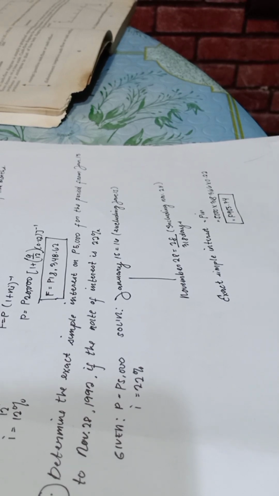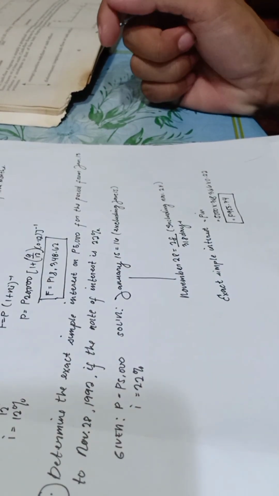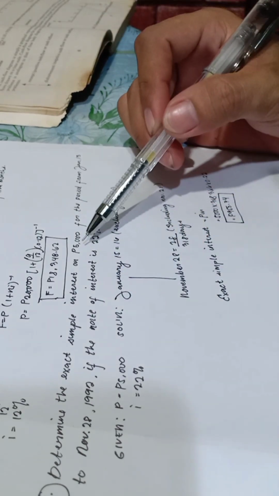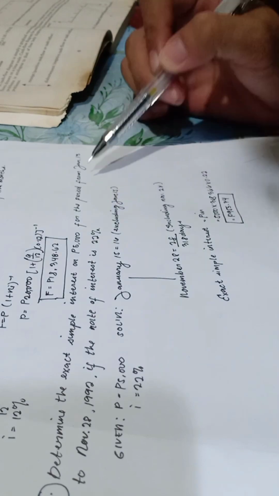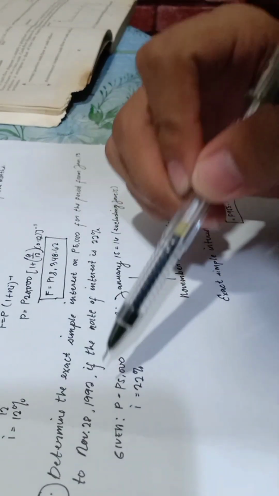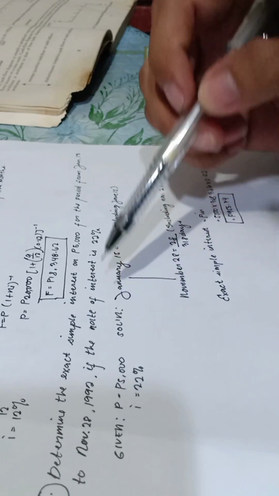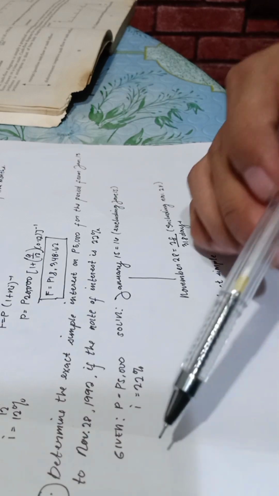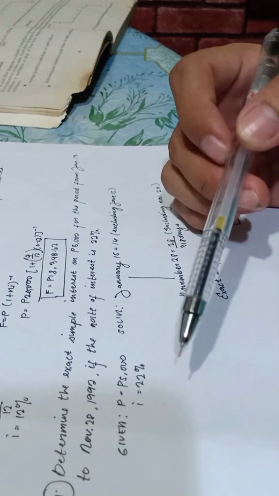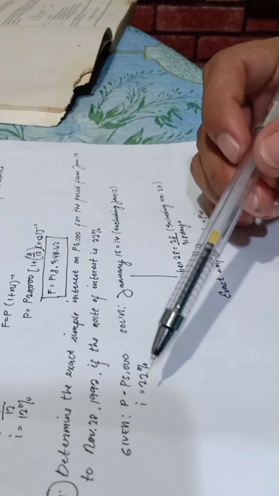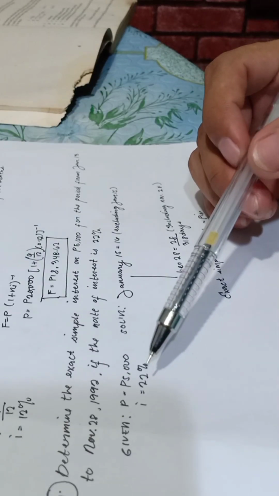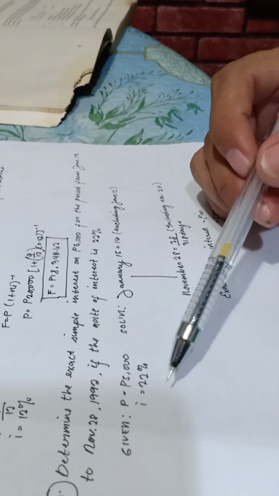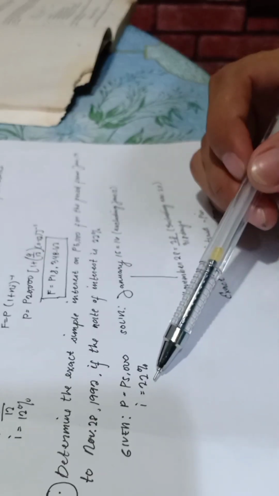So let's proceed to problem number 4. Determine the exact simple interest on 5,000 pesos for the period from January 15 to November 28, 1992, if the rate of interest is 22%. The given is the principal or present worth of 5,000 pesos, and the rate of interest per interest period is equal to 22%.